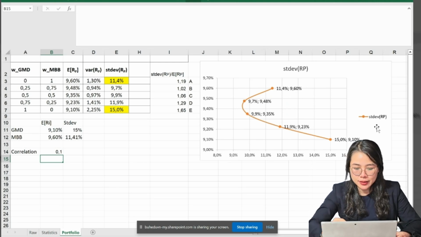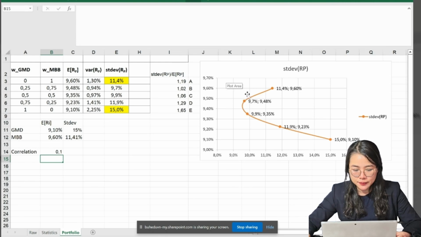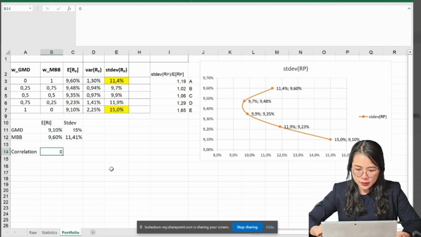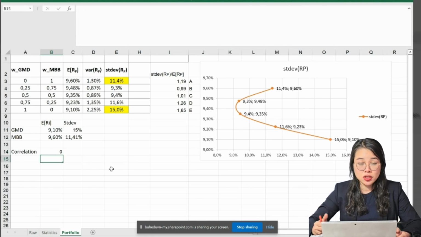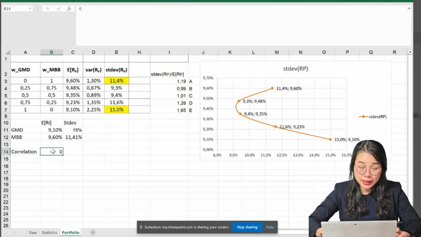That is the peak of this curve, about 9.5%. And if I change this correlation to zero, then you see this curve even sharper. And how about negative 0.5?